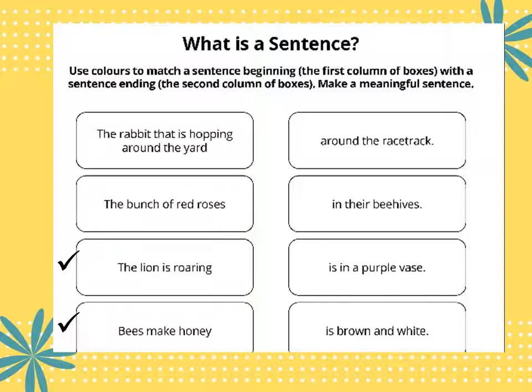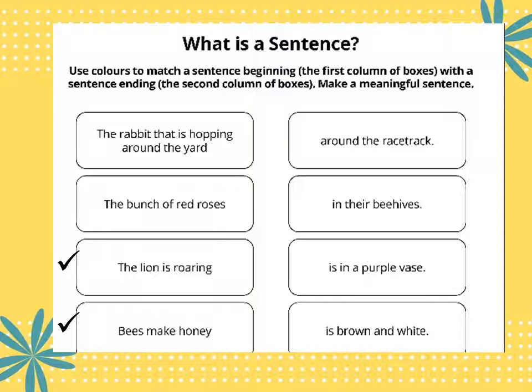Nah, but we can make these two become more than complete. But these two, the rabbit that is hopping around the yard, is not a complete sentence. The rabbit that is hopping around the yard, you need something else to complete it. Which one is it?